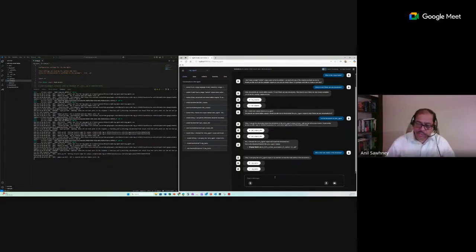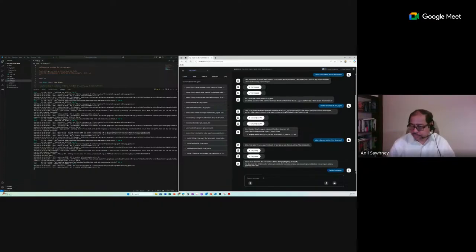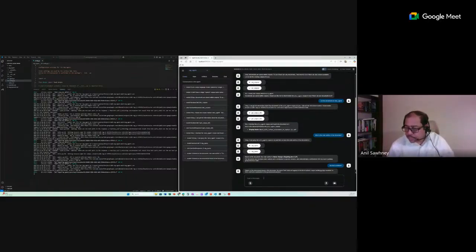So RAG stands for Retrieval Augmented Generation. It goes, queries, and it finds out that it's Simon, which is correct. Did Anil contribute? Okay.